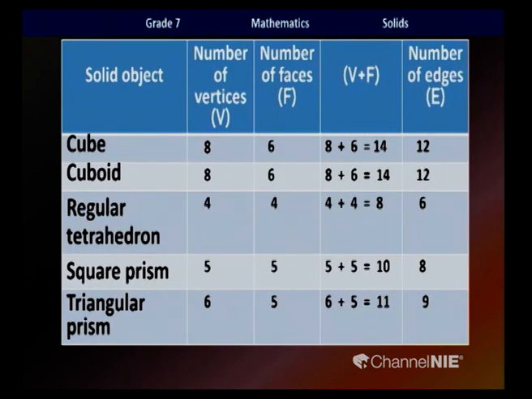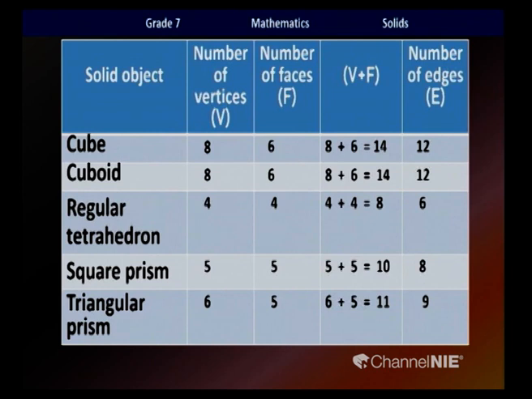Right. In my 4th column, we have to add the number of vertices and faces, and write the sum of it. So, I am going to compare my 4th column and the 5th column.